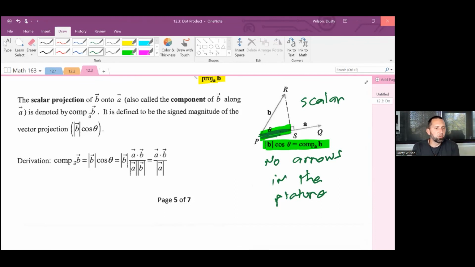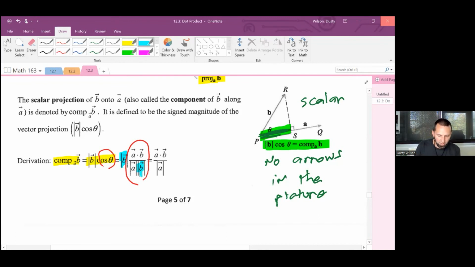So let's see if we can see a simple derivation. The component of B in the direction of A is equal to the cosine of theta times the magnitude of B. Notice the cosine of theta, we can say, could also be found using A dot B over the magnitude of A times the magnitude of B. But notice there's a magnitude of B up here and a magnitude of B in the denominator.